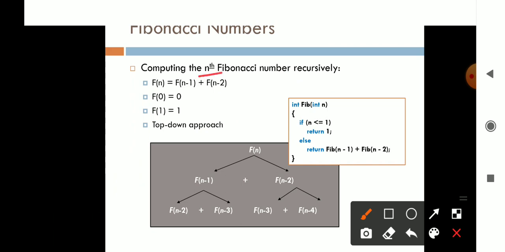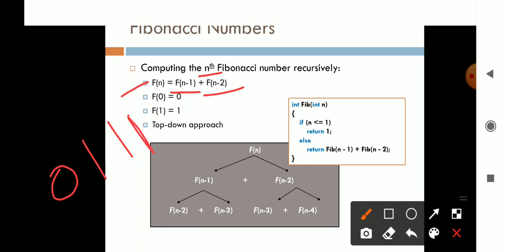So here if we want to find out the nth Fibonacci number recursively, at that time what we have to do? We have to find it by using f of n. We want to find out f of n. So for that we must know what is f of n minus 1 and what is f of n minus 2, right? I have already explained you, that is 0 1 1.